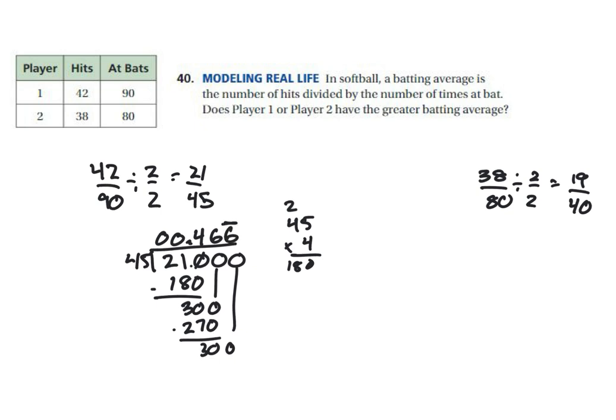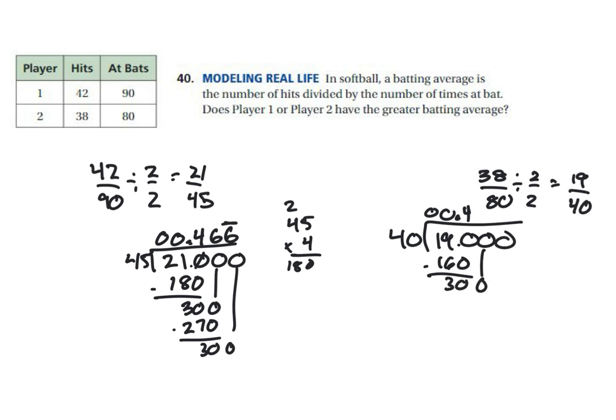Now we'll do our long division for 19 40ths. Forty doesn't go into 1 or 19, but it does go into 190. It goes in there 4 times. 4 times 40 is 160. 40 goes into 300.